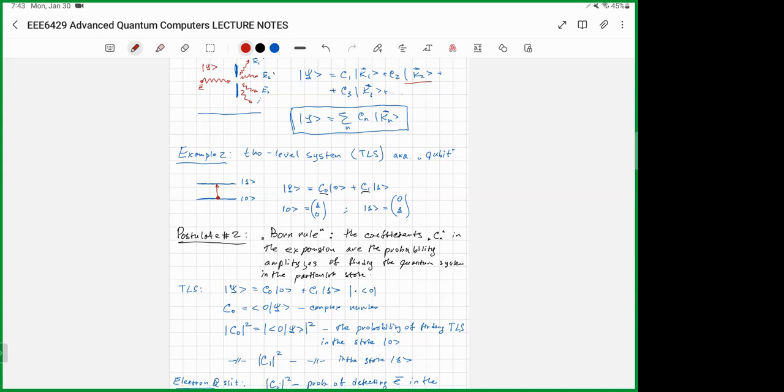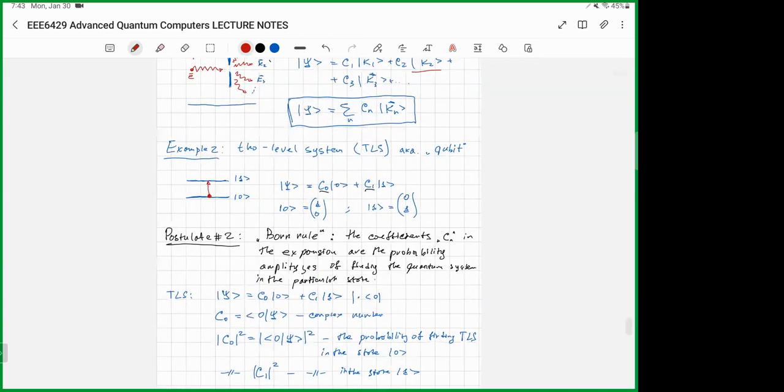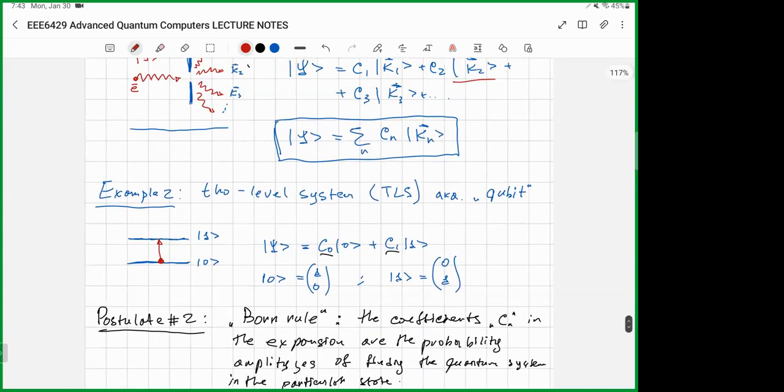For the same system, we can jump to the momentum representation and describe the system in the momentum representation. And basically, how we choose the representation, we just judge upon which representation simplifies the description.